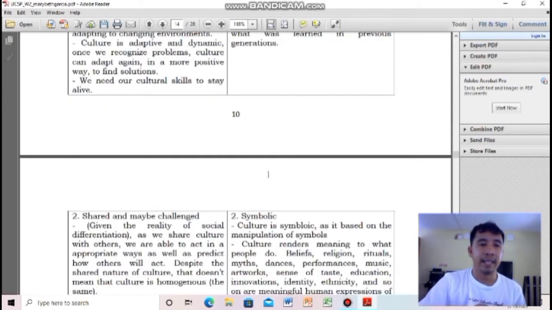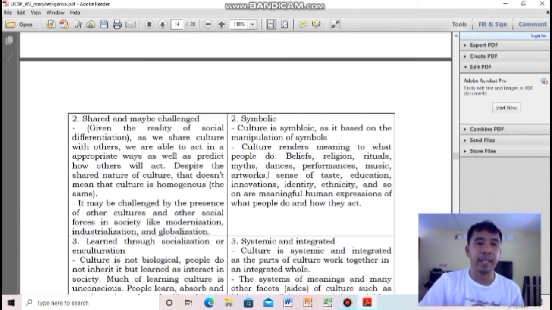Okay. Next is shared and may be challenged. So it is practiced by different members of the society. It has the shared nature of culture.